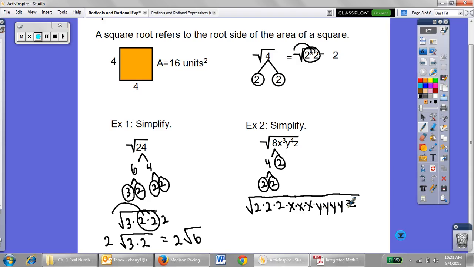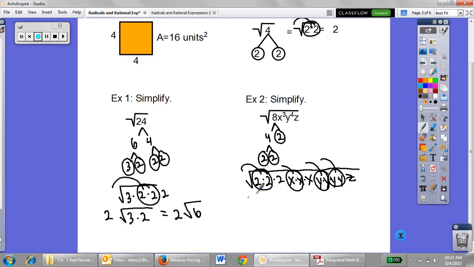Again, I'm looking for pairs. So there's a pair of 2s. This is going to come out. A pair of x's. There's a pair of y's and another pair of y's. Okay, writing all of this on the outside now. I have a 2 that came out here. I have an x that came out here. A y here, and another y here.